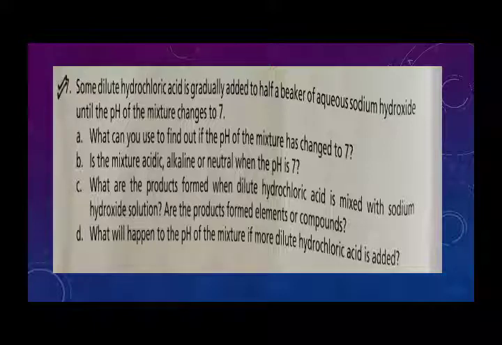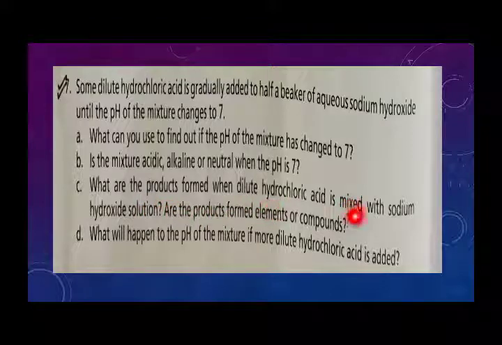In part C, what are the products formed when dilute hydrochloric acid is mixed with sodium hydroxide solution? Again they are talking about an acid and an alkali. Dilute hydrochloric acid is added to sodium hydroxide solution, meaning acid is mixed with the alkali.